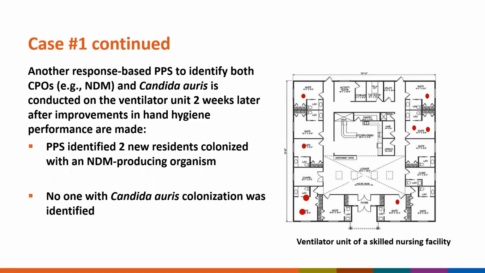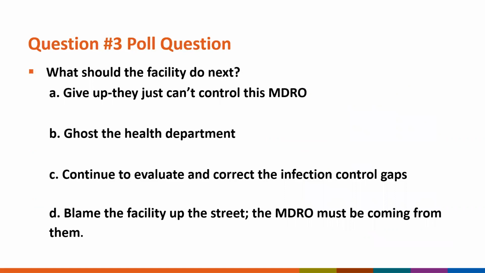So our facility decided to do another response-based PPS to look for both those CPOs such as NDM and Candida auris on their vent unit 2 weeks later, after they've made some improvements in hand hygiene. But their PPS identified 2 new residents with NDM despite this, but no one with Candida auris was identified. So question 3 is, what should your facility do next?